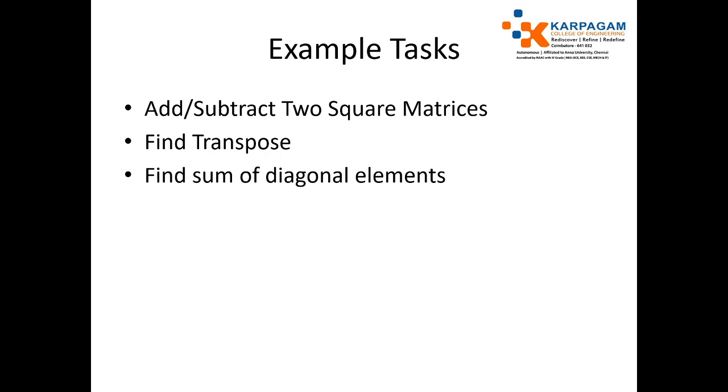We will discuss some of the tasks pertaining to 2D arrays. Few tasks: adding and subtracting two square matrices, finding the transpose, and finding the sum of diagonal elements. Okay, we start with the addition of two matrices.